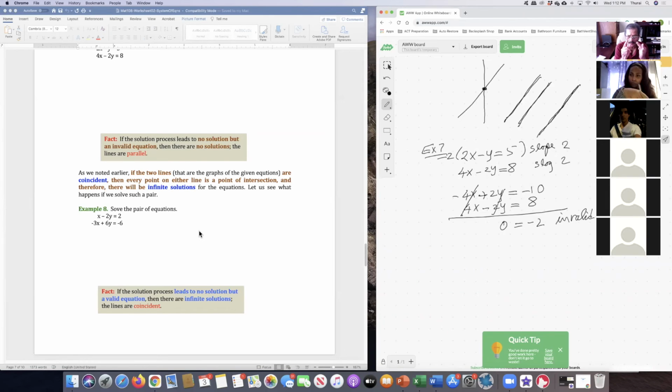Consistent is not the word. They are coincident. They are falling on top of each other. That means there are infinite solutions. It doesn't mean no solution though, right? It means every point on one line is also on the other line, and therefore there are solutions, but there are infinitely many.